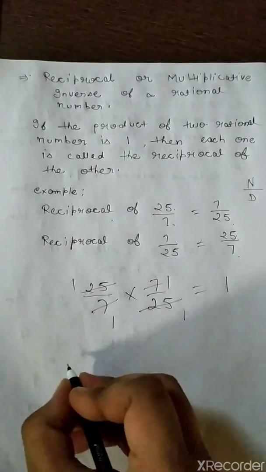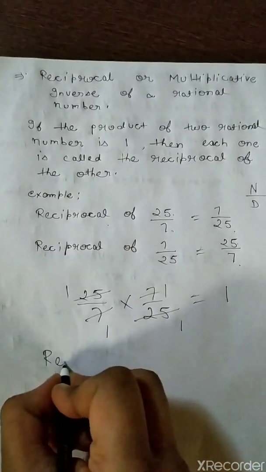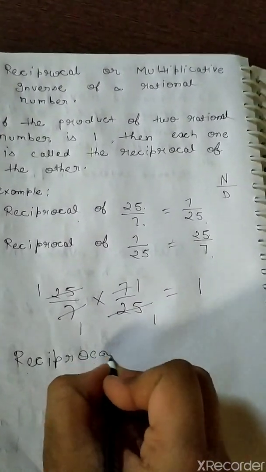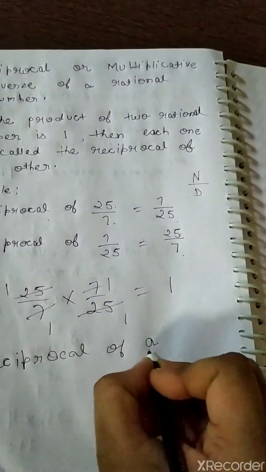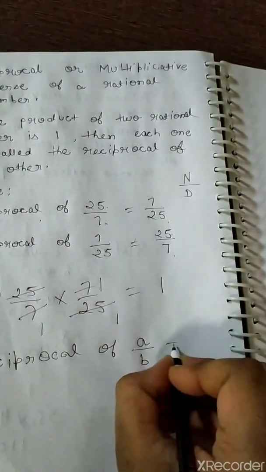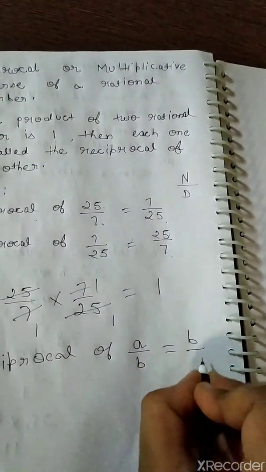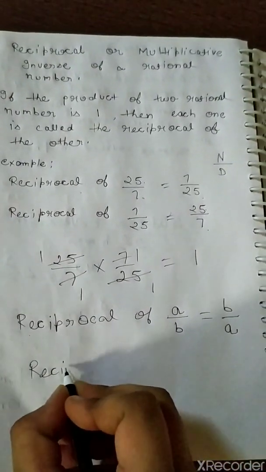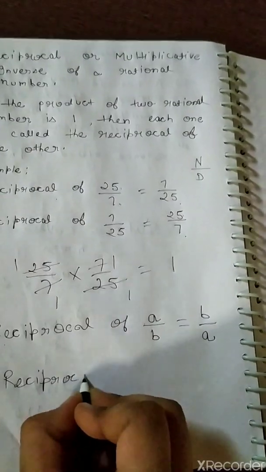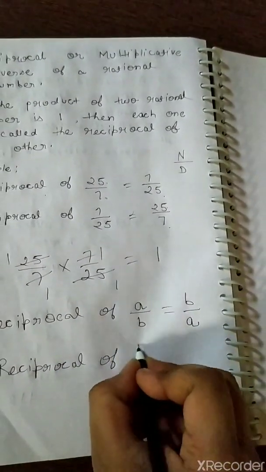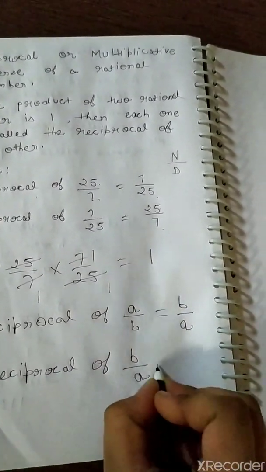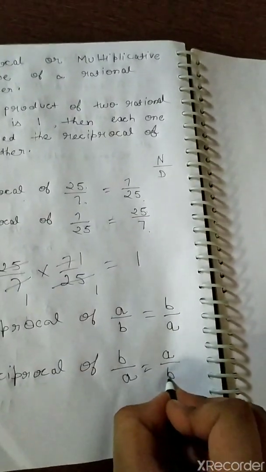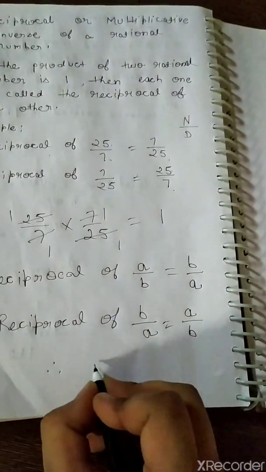Now in general you can note down that the reciprocal of a by b is b by a. Okay, and the reciprocal of b by a is equal to a by b, and again their product is 1 only.